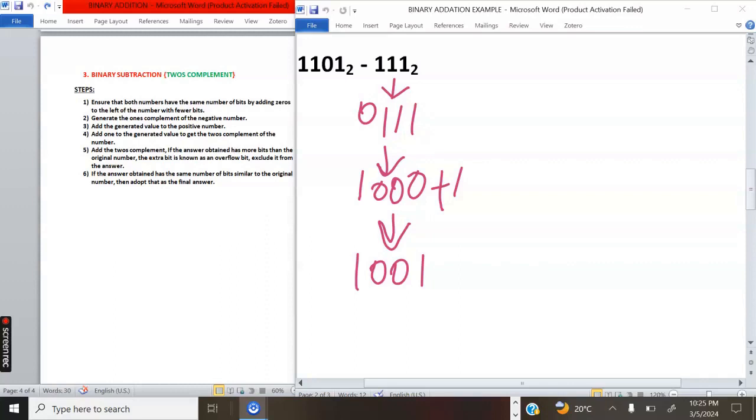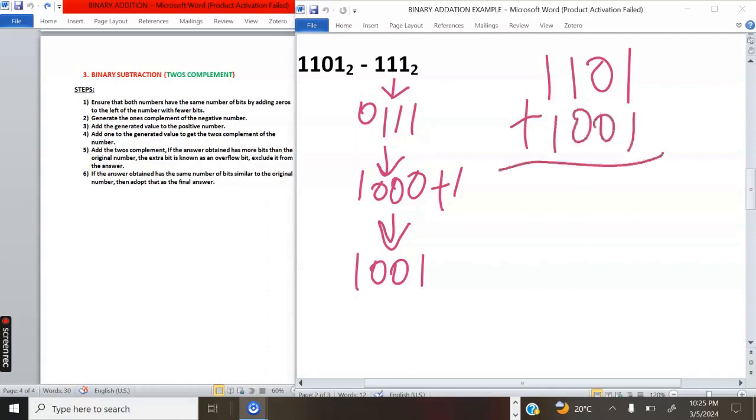Okay, having gotten that, now you go to the normal addition, which is 1, 1, 0, 1 plus 1, 0, 0, 1. So this 1 and 1 plus 1 is equal to 1, 0, carry 1. 1 plus 0, you get 1. 1 plus 0 is equal to 1. Then we have 1 plus 1 is equal to 1, 0.